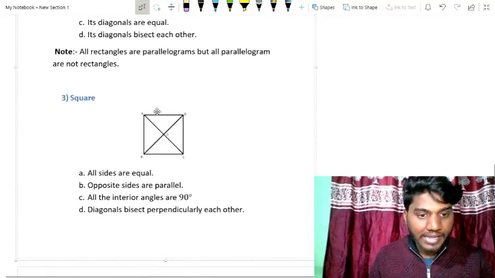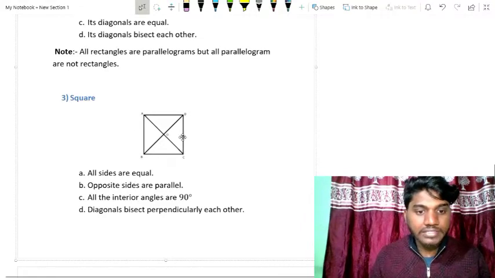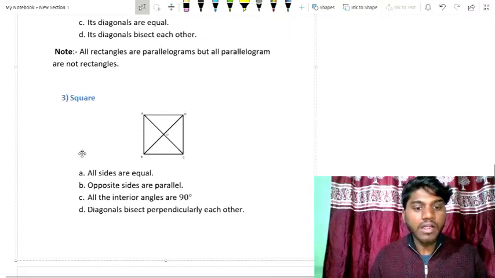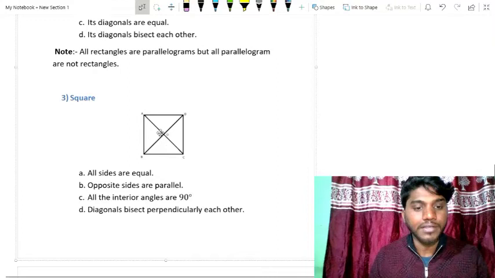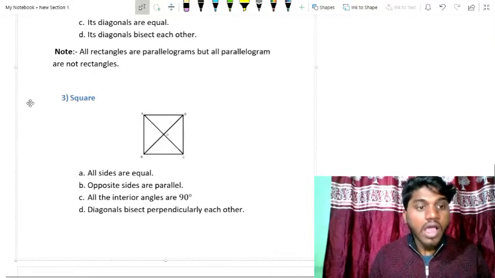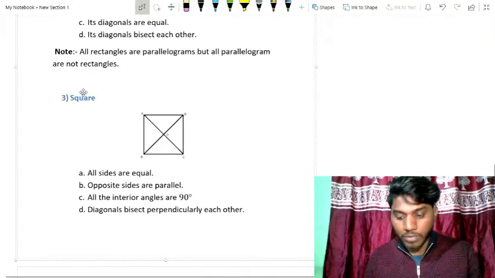All the interior angles, angle A, angle B, angle C and angle D, are 90 degrees, or right angles. Diagonals bisect each other perpendicularly, which means angle AOD and angle DOC will be 90 degrees. Understood?